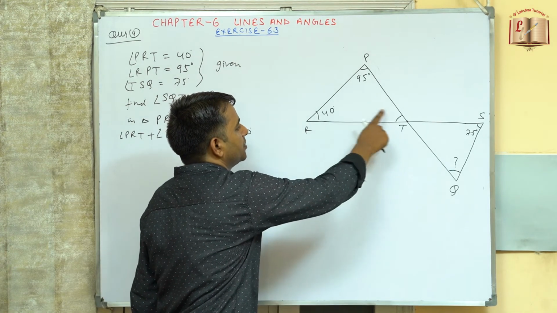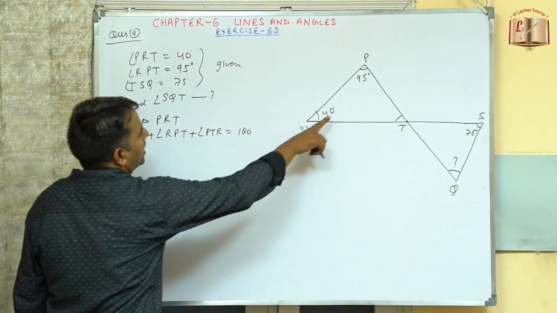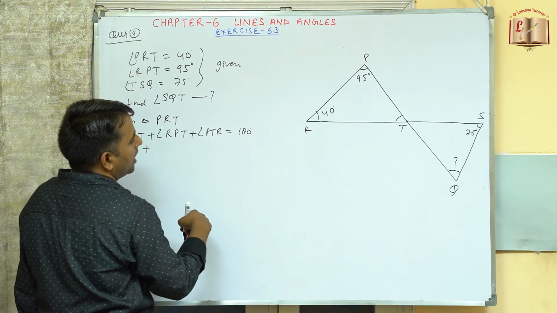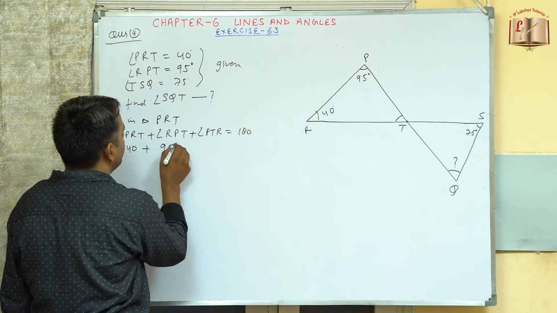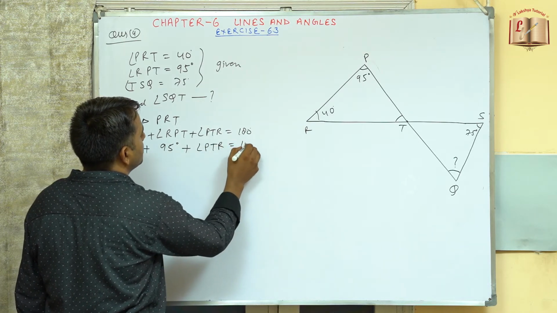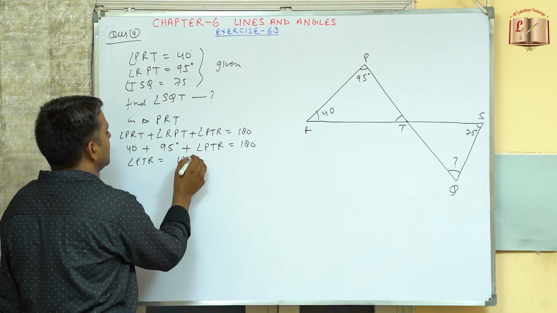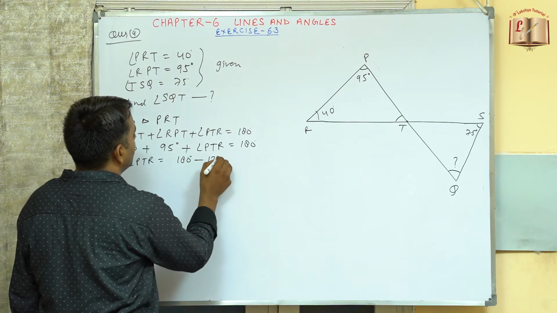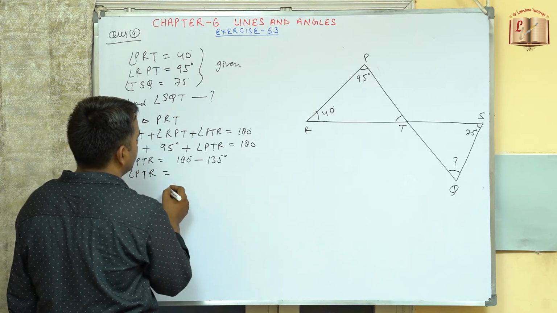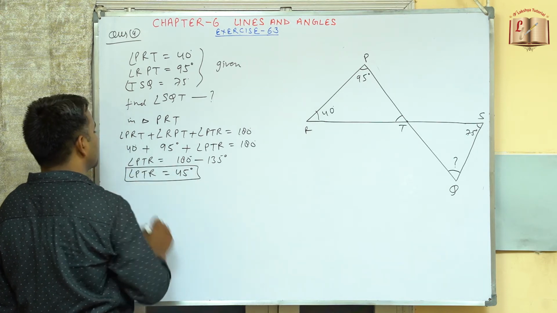Angle PRT is 40 degrees, plus angle RPT, 95 degrees, plus angle PTR equals 180 degrees. So angle PTR is 180 minus 135, which is 45 degrees.